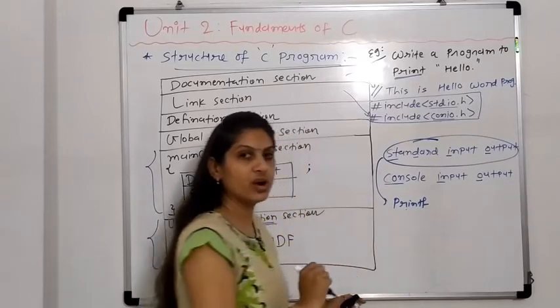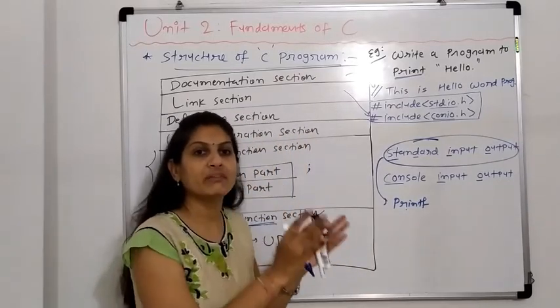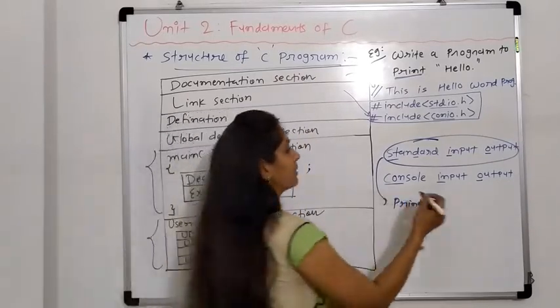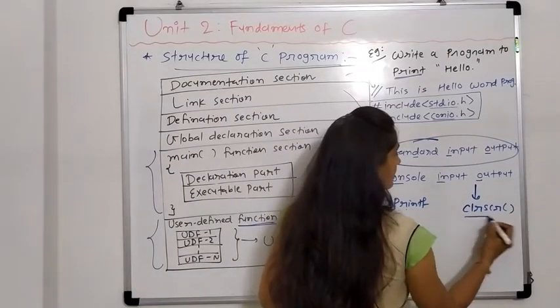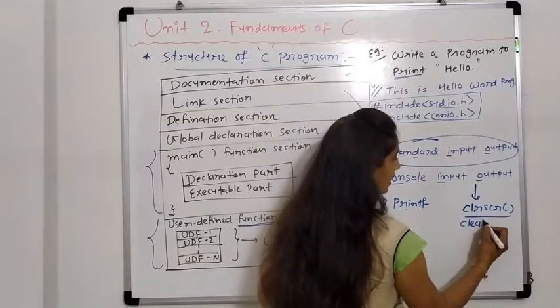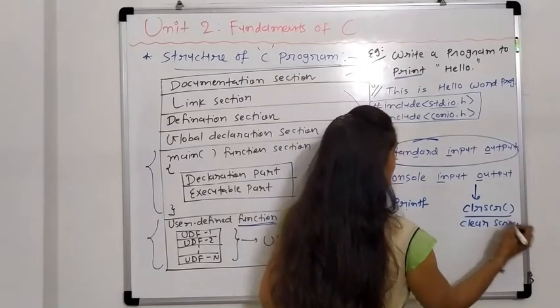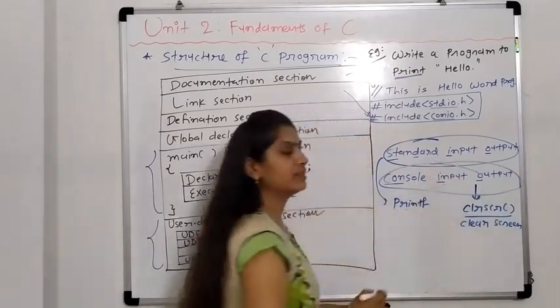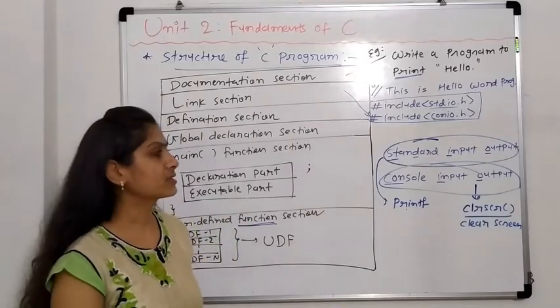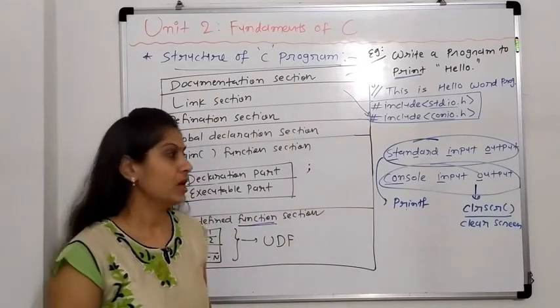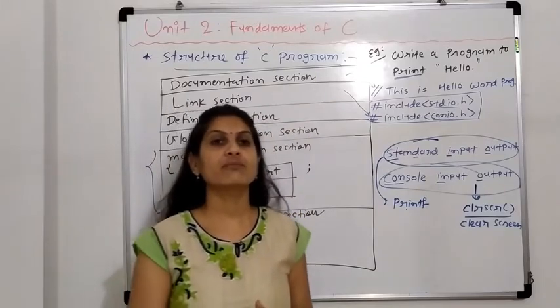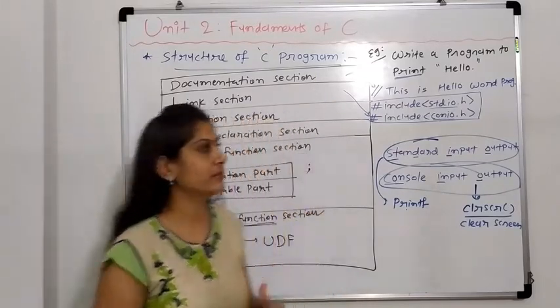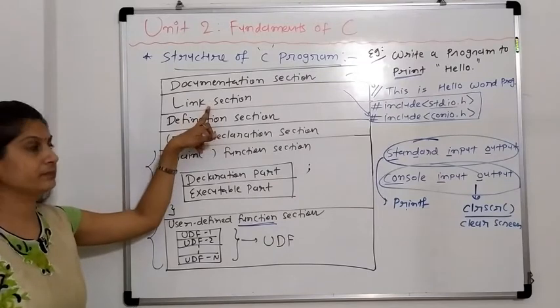Suppose we want to clear the previous output, then the function is clrscr, full form Clear Screen. This is available in the second library, conio.h. Many functions are already available that we can use in our program using the link section.